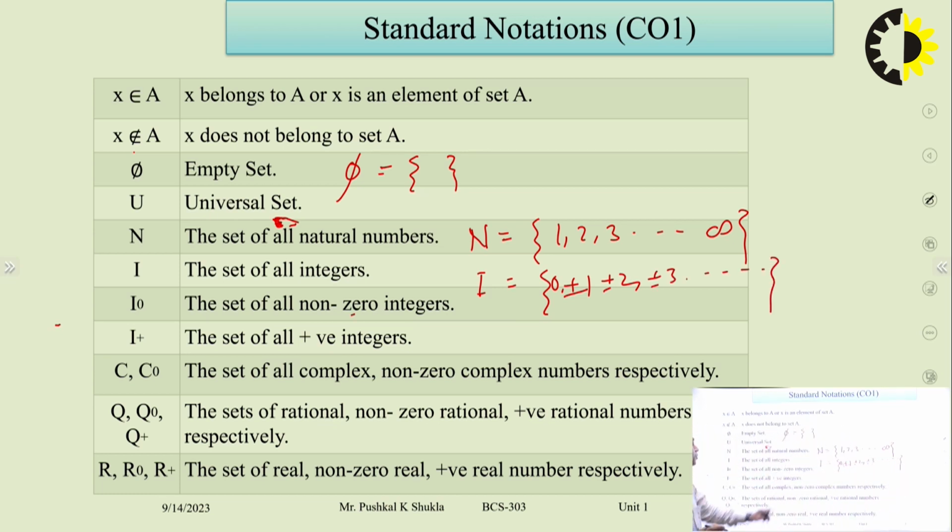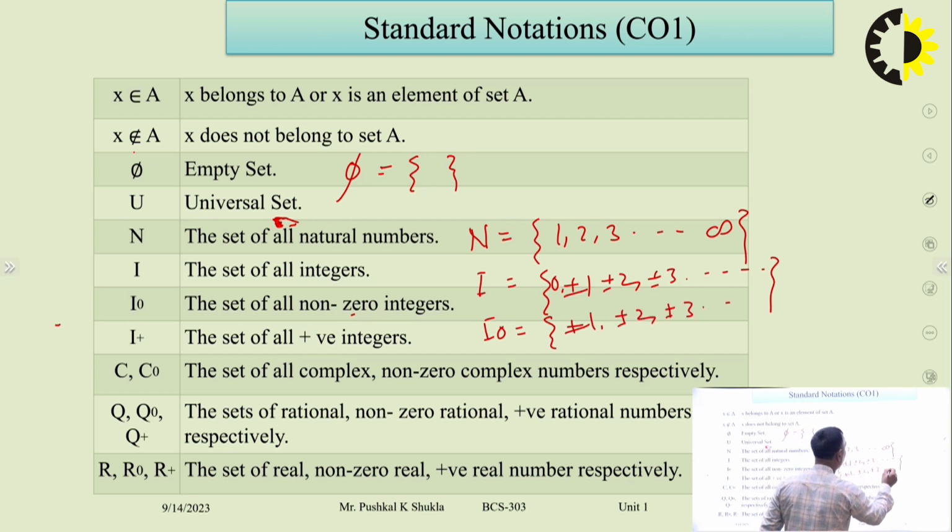The set of all non-zero integers, excluding 0, is written as I0 equals plus minus 1, plus minus 2, plus minus 3, and so on. So there is no 0. Then I plus is the set of all positive integers, only positive integers.